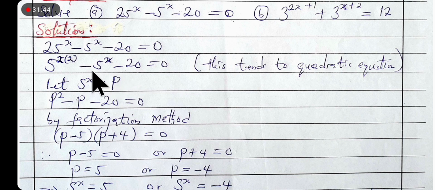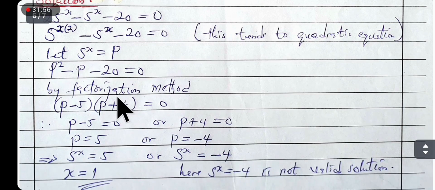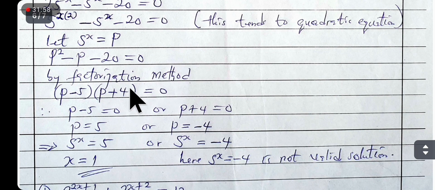So wherever we see 5 raised to power x, we represent it as p. So this will be p raised to power 2 minus p minus 20 equals to 0. So by factorization method, if you factorize this now, you discover that you are going to have p minus 5 times p plus 4. That is factorization method.